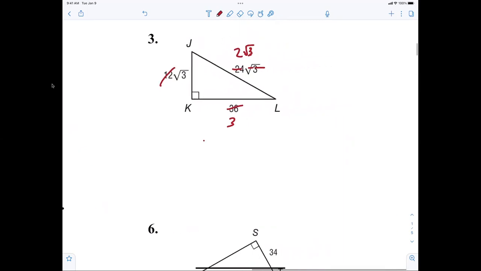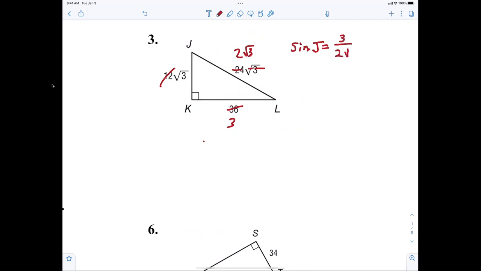Okay, so here we go. So I want the sine of J. 3 over 2 radical 3. Just leave it like that for a moment, okay? I don't care about rationalizing right now. I care about, do you know the ratios? Does everybody hear me on this? Just do the ratios. So what's the cosine of J?